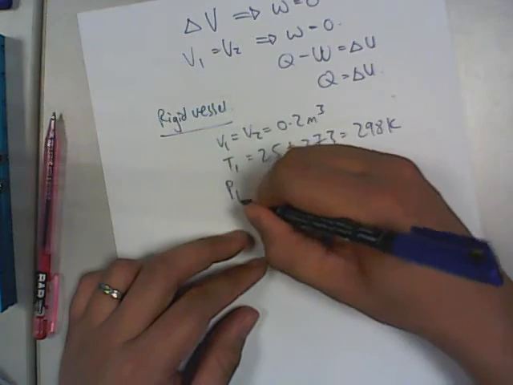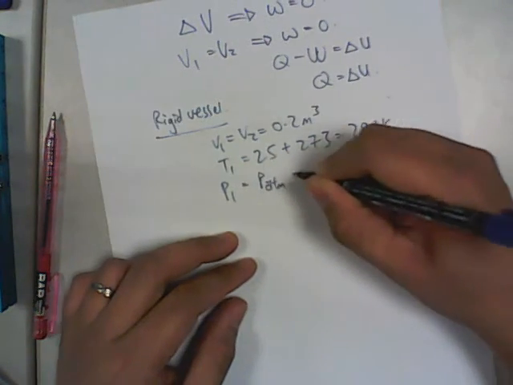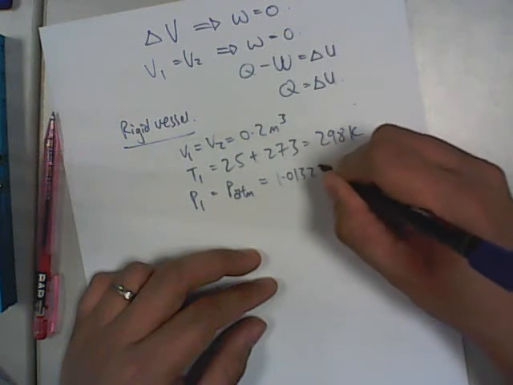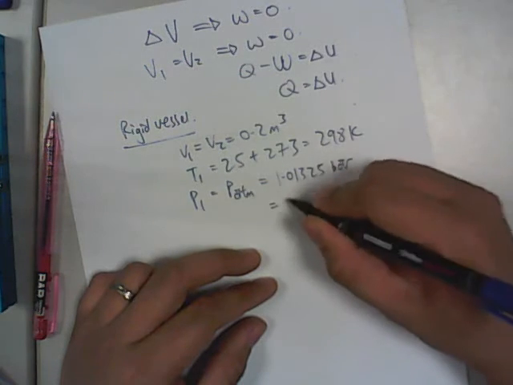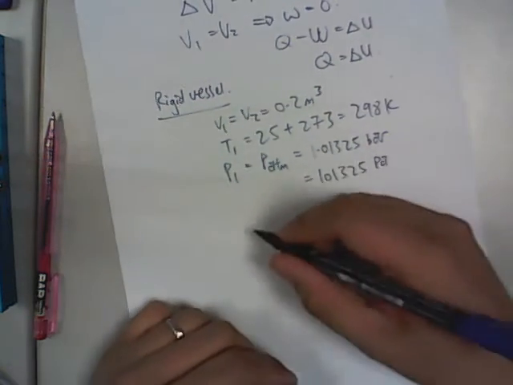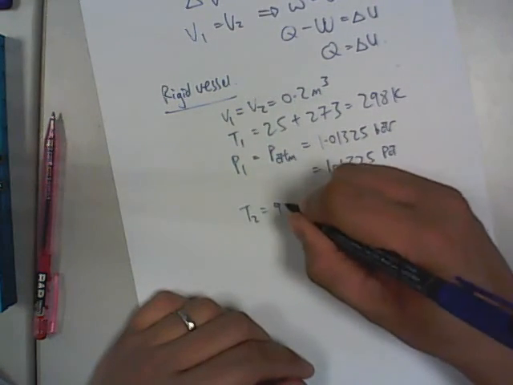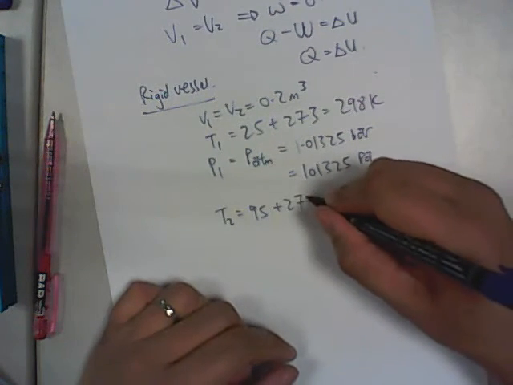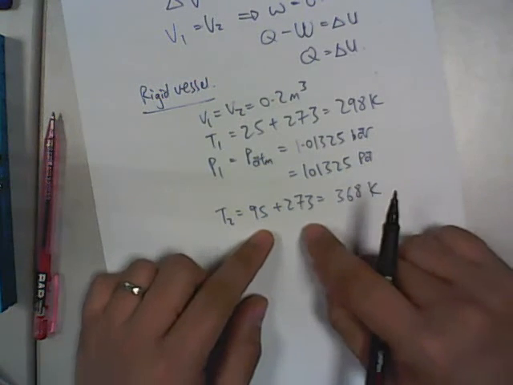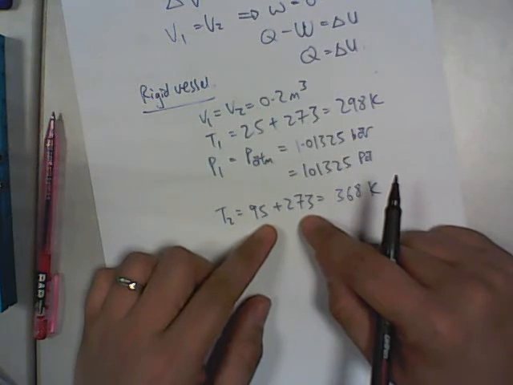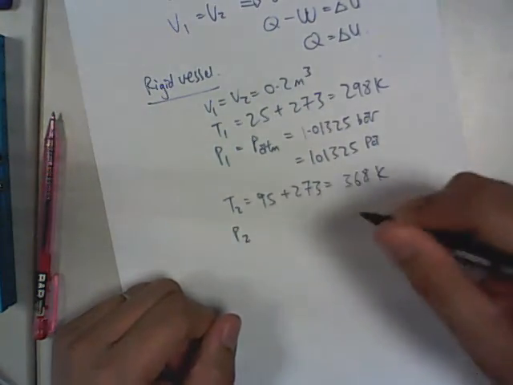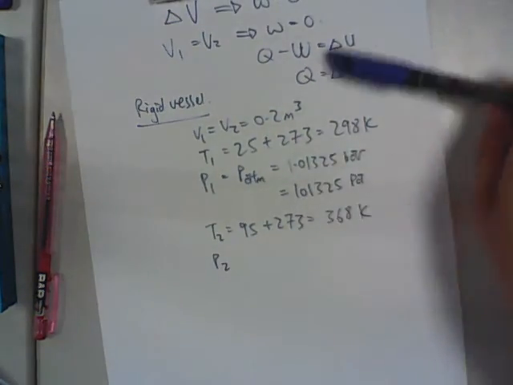Atmospheric pressure, which is 1.01325 bar, was heated up to 95 degrees Celsius, so T2 is 95 plus 273, 368 Kelvin. So find the final pressure and the change in internal energy.